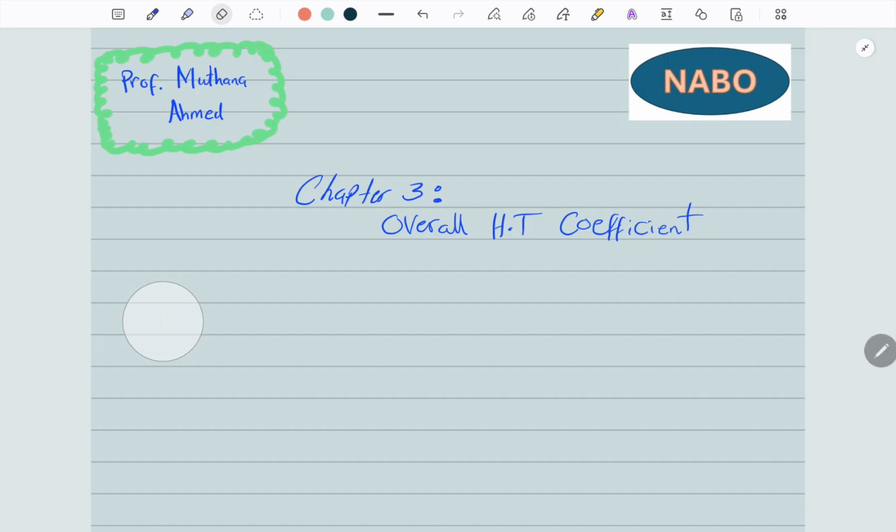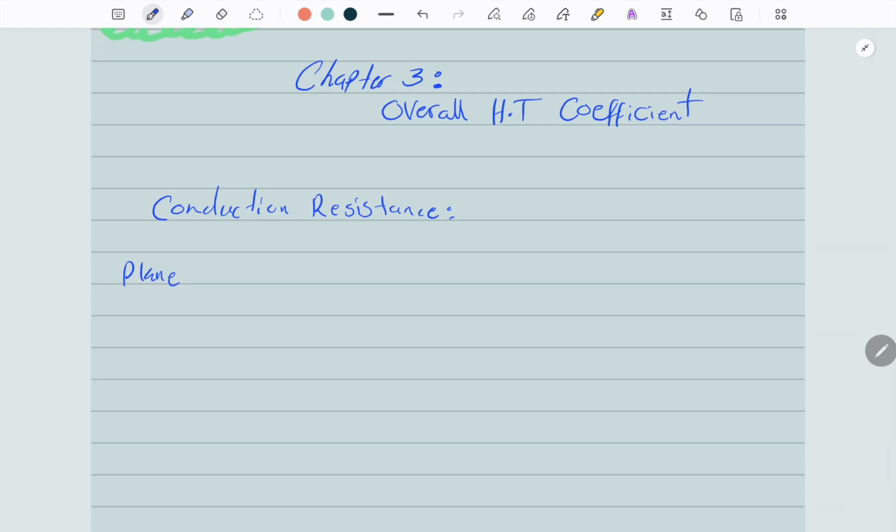So for conduction resistance, we looked at a plane wall, and we found that the resistance equals L over kA.